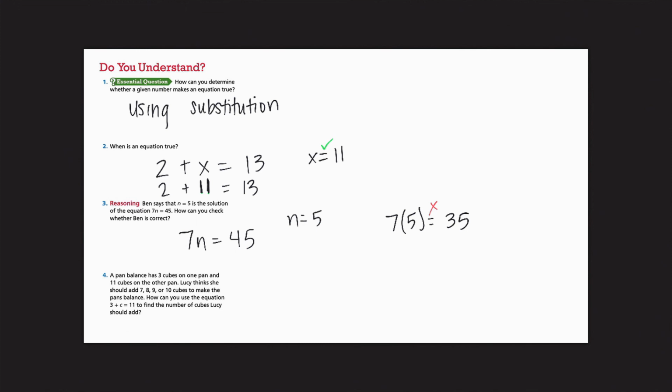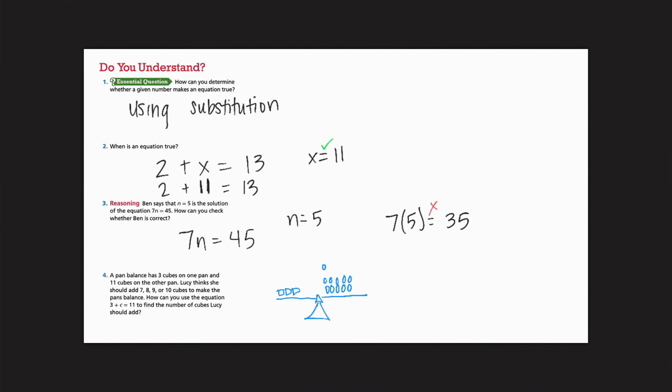All right. A pan balance has 3 cubes. So a pan balance kind of looks like you got like a little triangle guy and then a little balance like that. Okay. A pan balance has 3 cubes on one pan and 11 cubes. 4, 5, 6, 7, 8, 9, 10, 11.